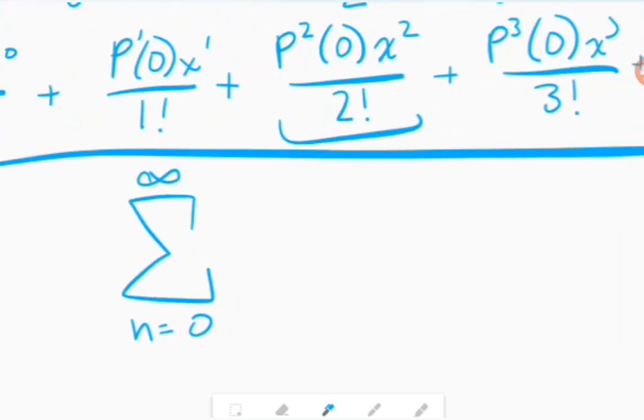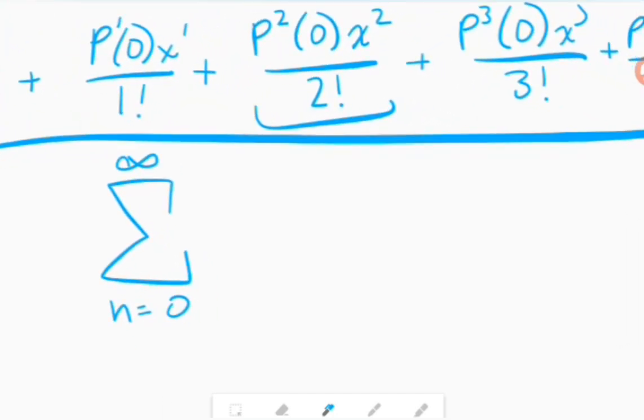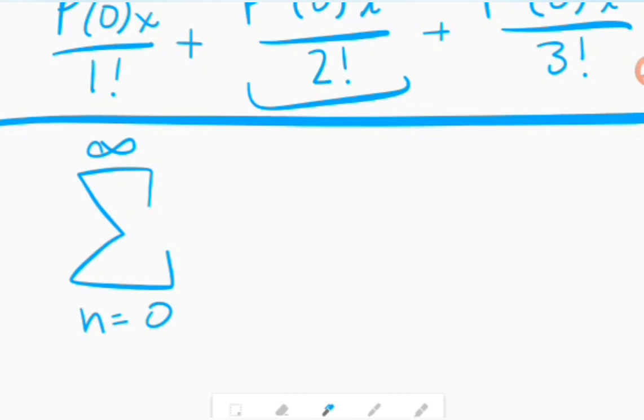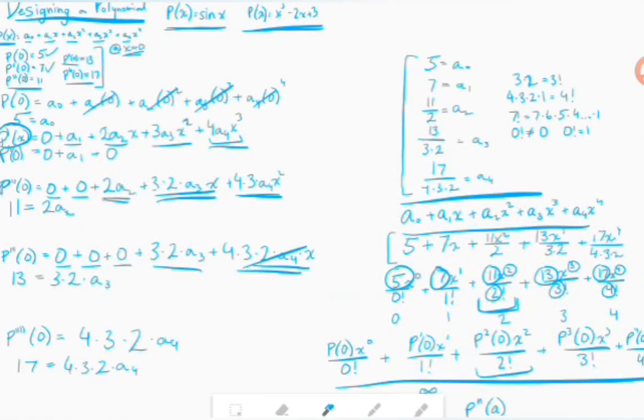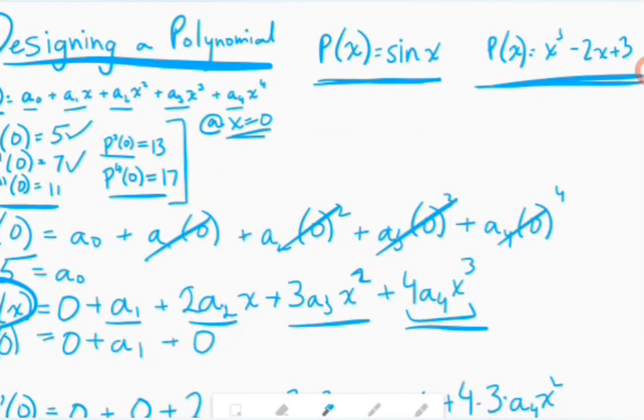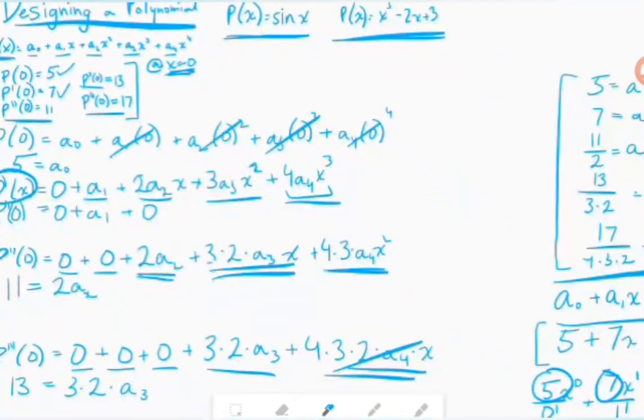Each term in my Taylor series, let's use p, would be the nth derivative of p at some point a. a is the point that we're centering the series around. In our case over here, a would have been 0 because we're centering the series at x equal to 0.